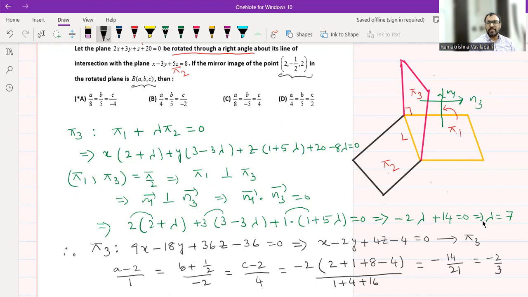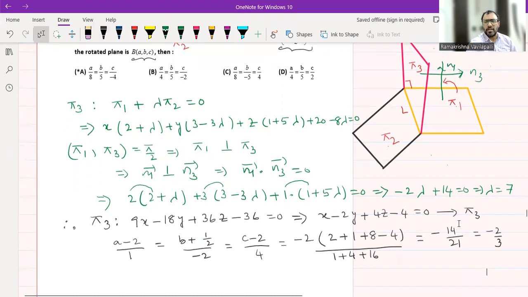Now equating the first, last, and second, you will get the values of A, B, C. This implies A equal to, sending 2 that side, minus 2 by 3 plus 2, so you will get 4 by 3.